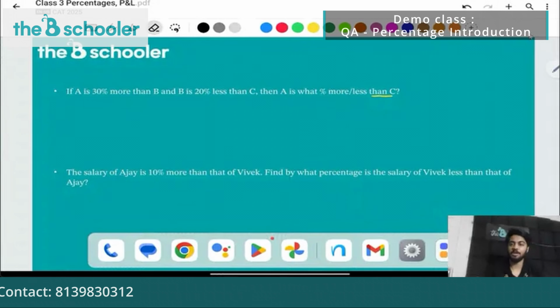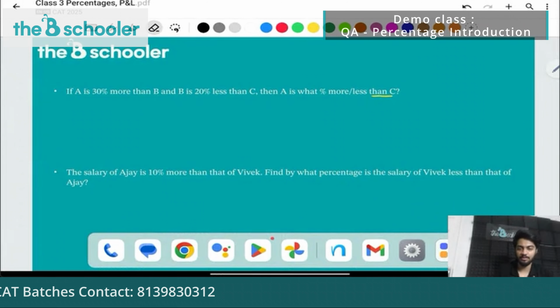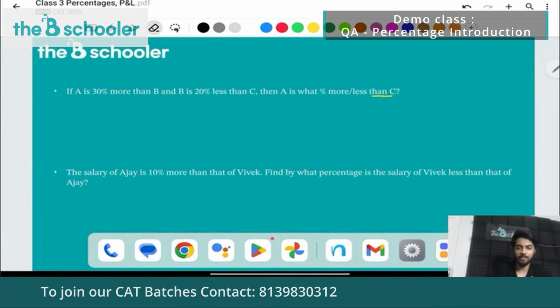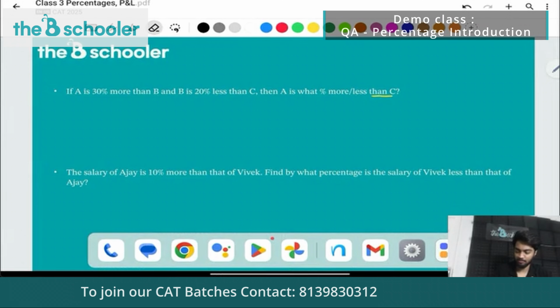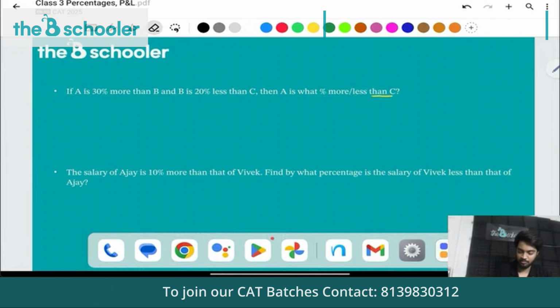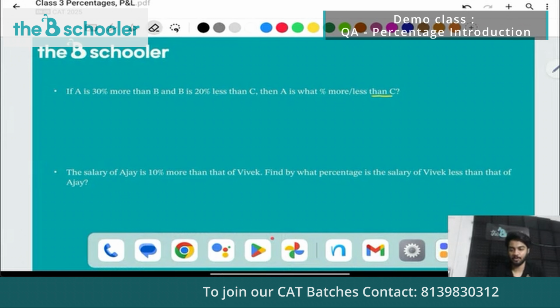Can you see the screen now? Guys, are you able to see the screen? Yes, okay.